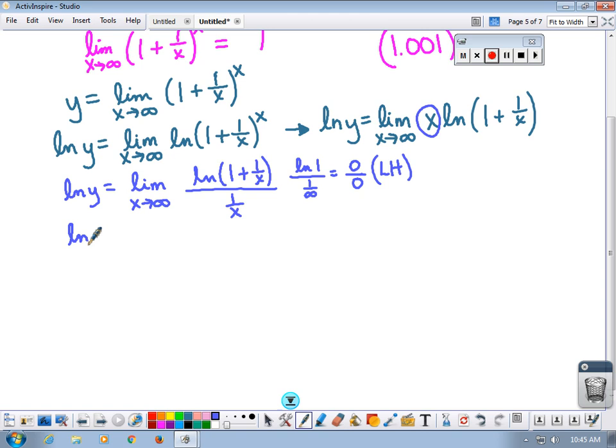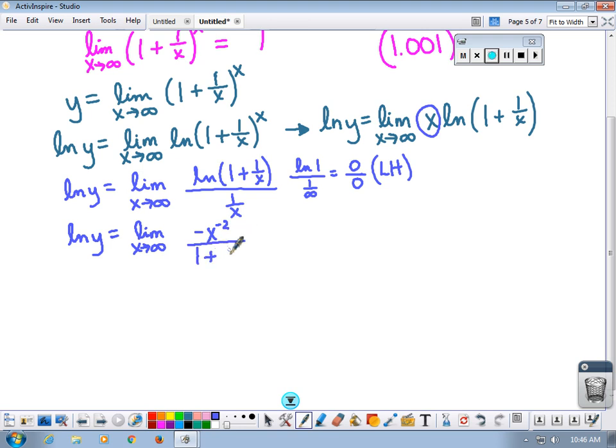Okay? So ln of y, so to calculate our limit, we need the derivative of the numerator. So derivative of natural log of 1 plus 1 over x is du over u. Our u is 1 plus 1 over x, so our du would be negative x to the negative 2.